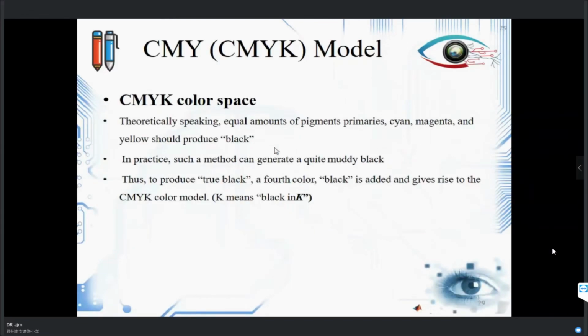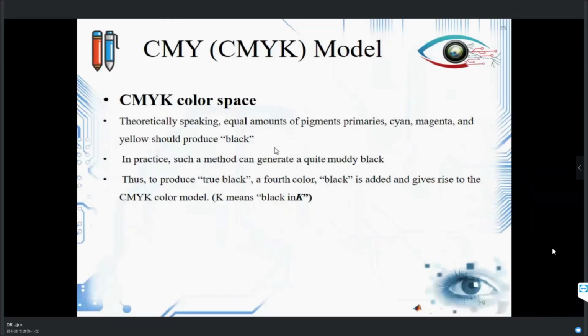What more we can say about this model is that, theoretically speaking, equal amounts of the pigment primaries of cyan, magenta, and yellow should produce the black one, and in practice such a method can generate quite muddy black, as we said.